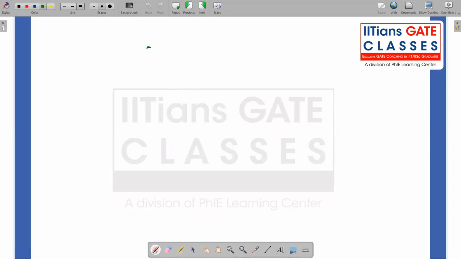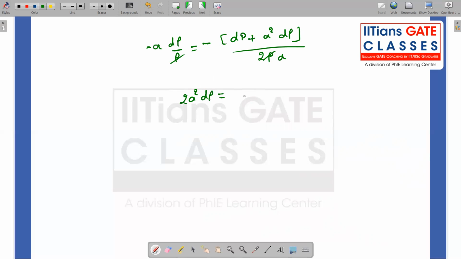So that becomes minus A times d rho by rho equal to minus dp plus a square d rho whole divided by 2 times rho times a. So rho and rho get cancelled. So all I am left with is minus of minus, that becomes plus. So that becomes 2 times a square d rho equal to dp plus a square d rho.